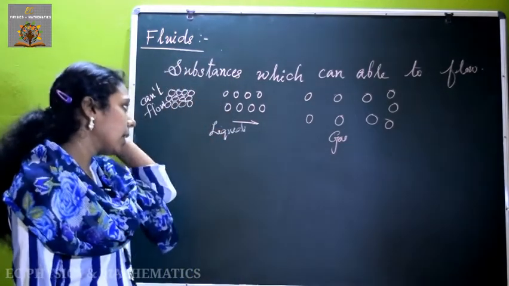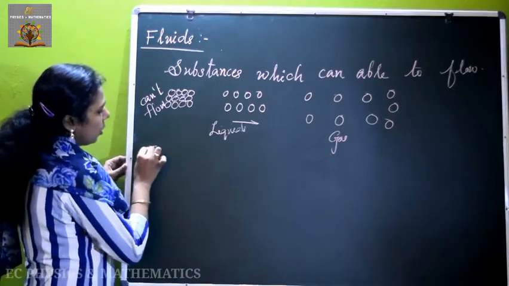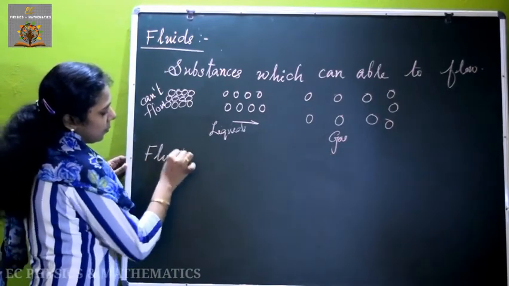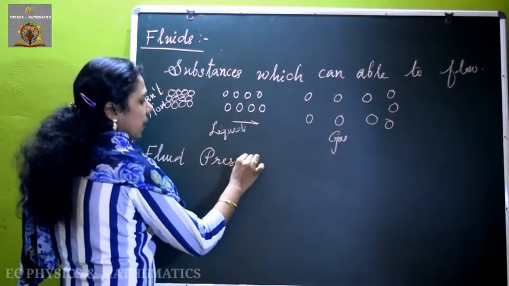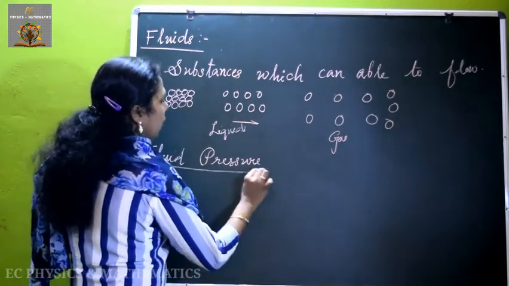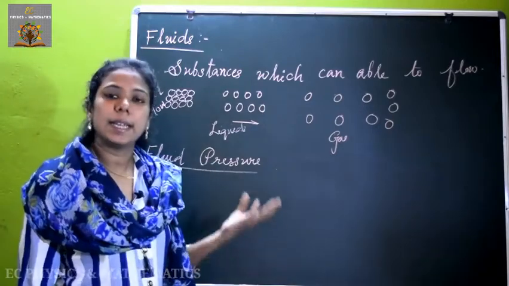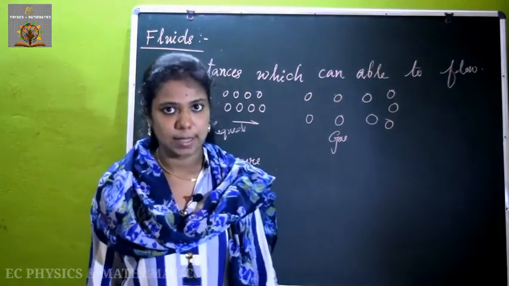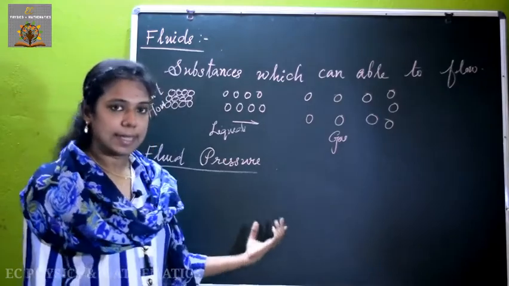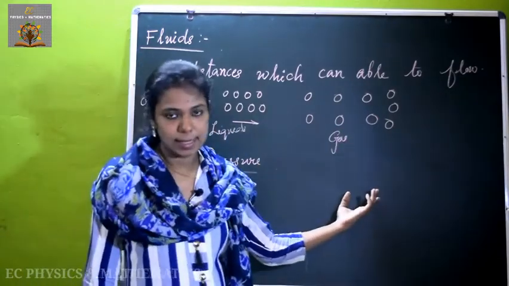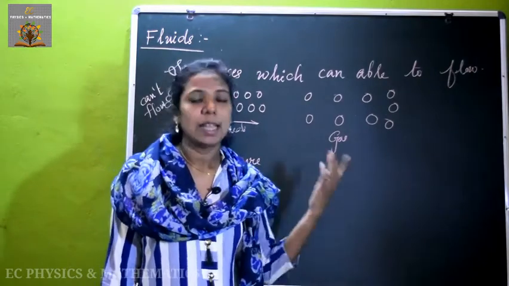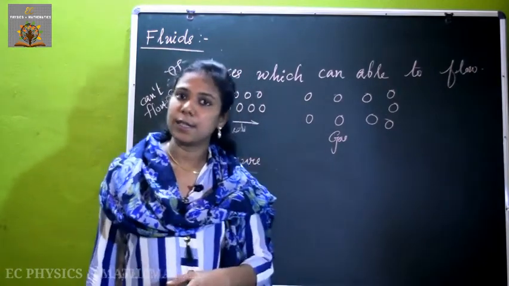Next is fluid pressure. From the word itself, we can say what is meant by fluid pressure. Fluid pressure means the pressure exerted by fluids. Which are the fluids? Liquids and gases. So fluid pressure means the pressure exerted by liquids and gases.